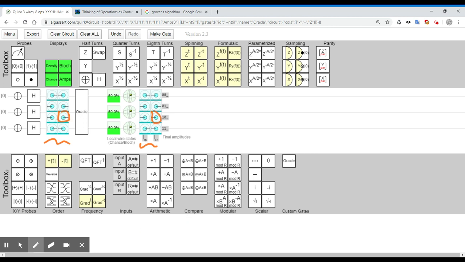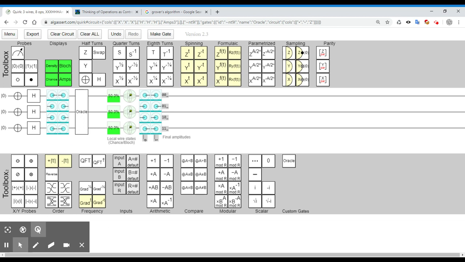That's the one where you see the phase is changed. That's the whole point of the oracle. It phases the element: it adds a phase of 180 degrees to the part of the superposition that has that particular pattern.